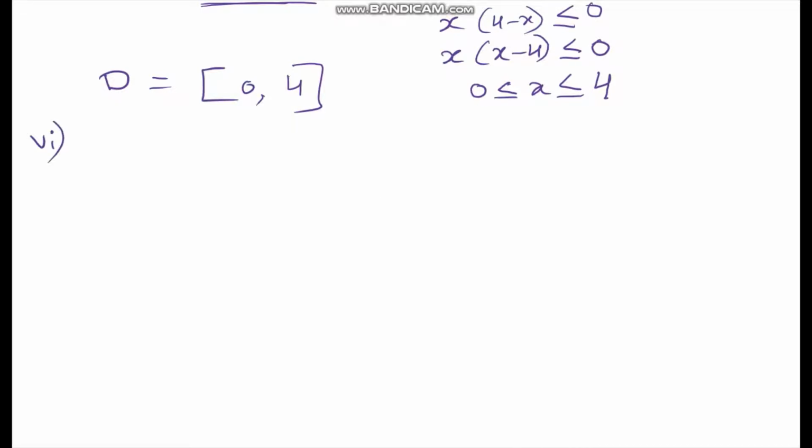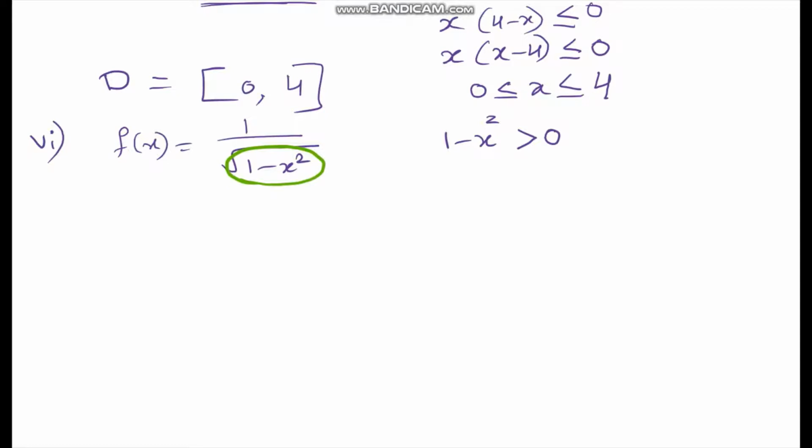Sixth one, f of x is given as 1 by root of (1 minus x square). Again, in this you have the square root function, so 1 minus x square should be more than 0. But here, unlike the previous case, 1 minus x square should not be equal to 0.